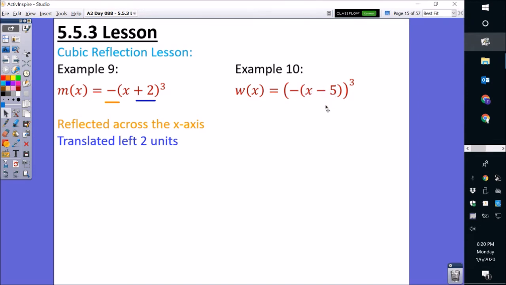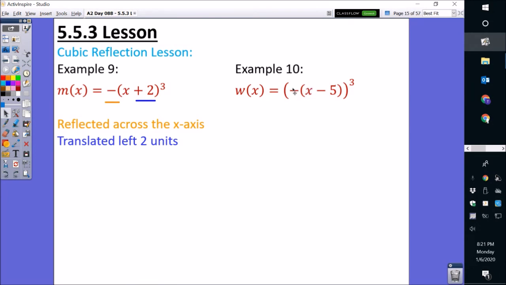So in this example, we have two sets of parentheses, for two reasons. The first reason is because we have the negative sign that's inside the outer parenthesis and in front of x. The second set of parentheses is needed because we have this minus 5 inside behind x.